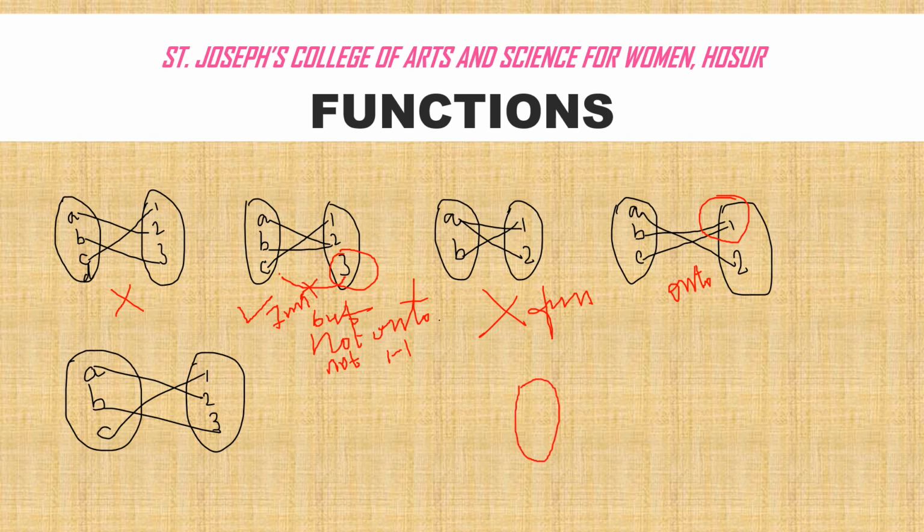So if we are considering the sets here A, B, C, 1, 2, A is mapped to B to 1.